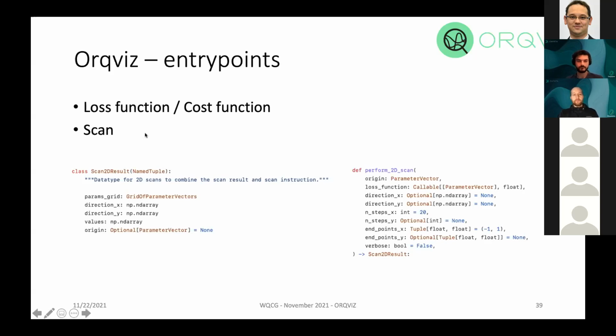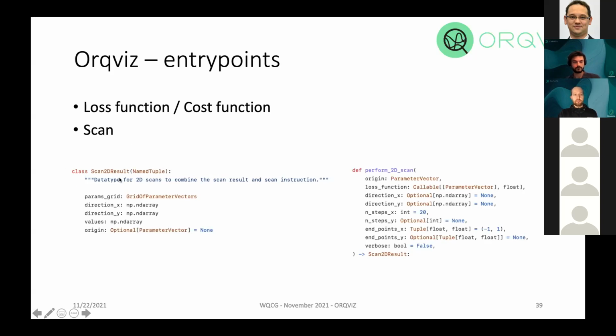And the second thing are 2D scans, and from all the methods that Manuel showed, I'll be focusing mostly on 2D scans, because they're the easiest to understand and the easiest to use. And regarding the data structures, here is an example, right?